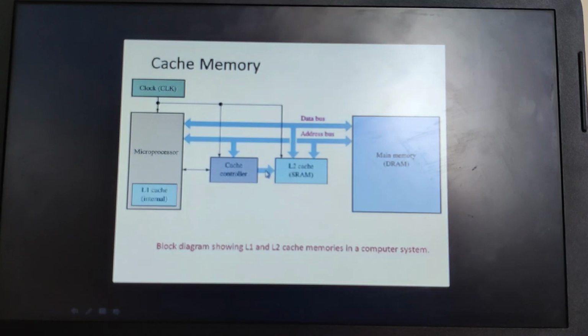Our system bus actually depends upon the number of parallel wires. It might be 16, 32, 64 or 128 parallel wires in the bus. So this L2 might be using 128 lines of parallel wires. Therefore this L2 cache memory has a high speed data transfer rate.